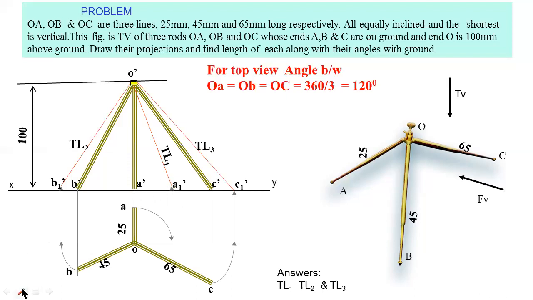This is one angle with the ground, this is the second angle with the ground, and this is the third angle with the ground. These are the inclinations with the horizontal plane, and TL1, TL2, TL3 are the true lengths. This is the final answer.